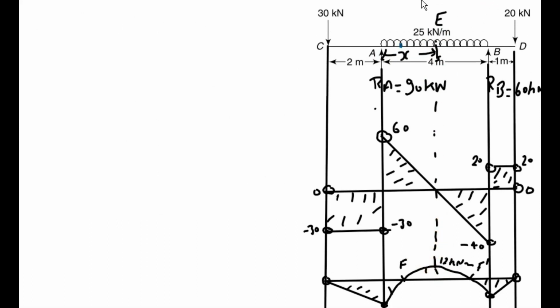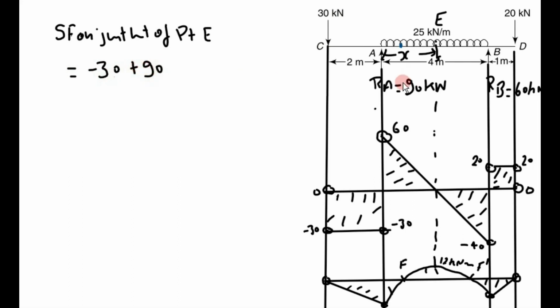Now calculate the shear force on the left side of point E. The shear force just left of point E. First force is minus 30, next is plus 90, and next is 25 kilonewton acting on x meter.